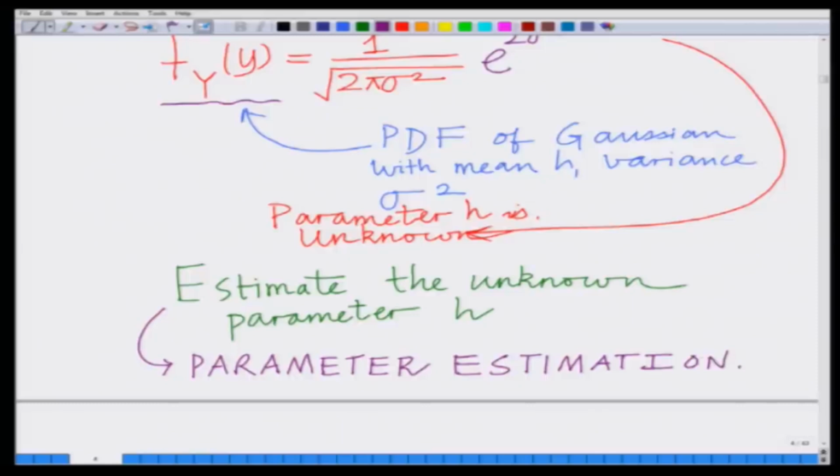So, this framework where you are trying to estimate this unknown parameter h from the noisy observations y, remember y is a noisy observation of this parameter h that is made by the sensor.